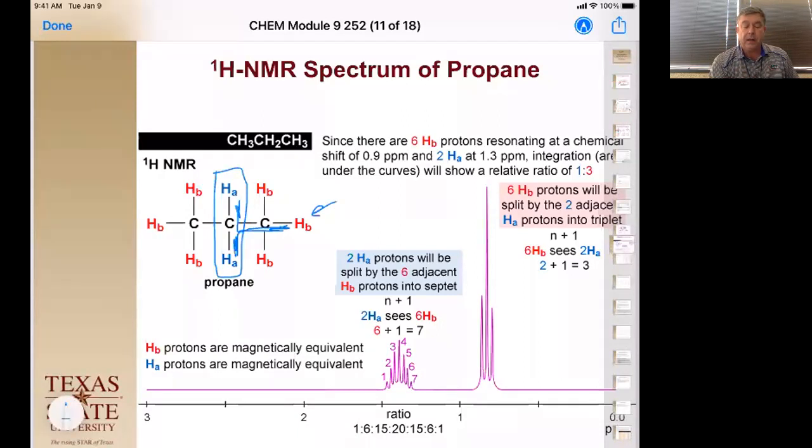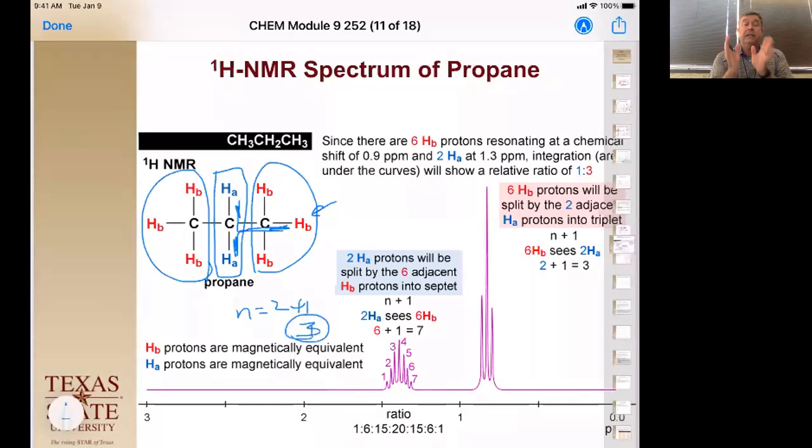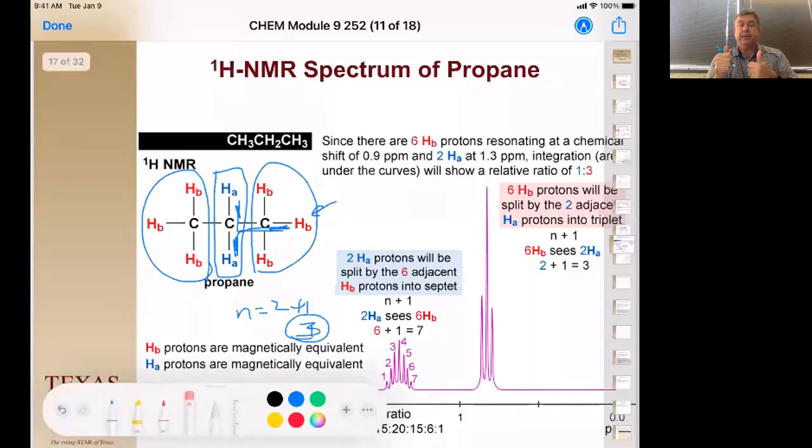So that means our n is equal to 2, which means these protons are going to be in a triplet. Have 3 peaks for a total of 6 hydrogens. Does everybody believe that? Okay, so we're going to have a triplet and it's going to equal 6 hydrogens.